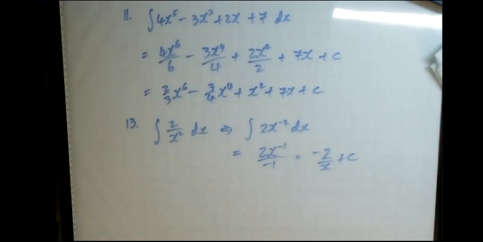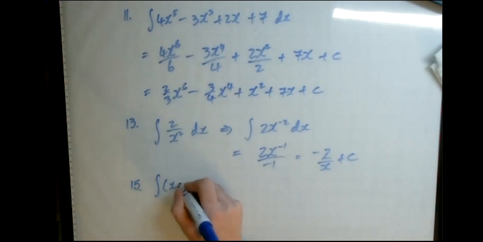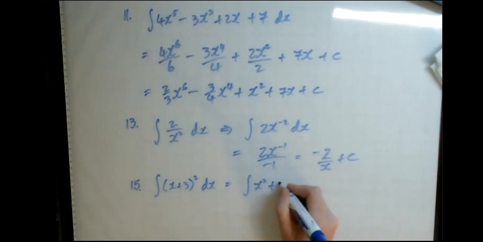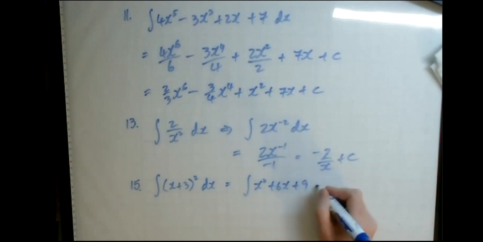Now, when you get the integral of x plus 3 squared, kaiteve duma. Okay, so let's do the other one, x plus 3 squared dx. So the formula, integral of x squared plus 6x plus 9 dx.